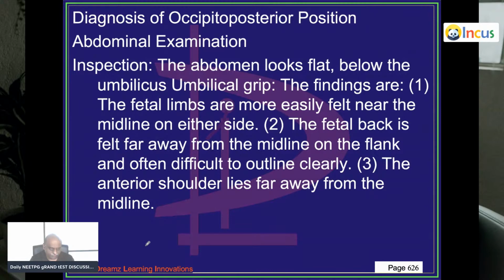Normally when vertex is presented, occiput is supposed to be under the pubis or over the sacrum. Baby will be born like this, like this. So reverse is occipito-posterior, right?